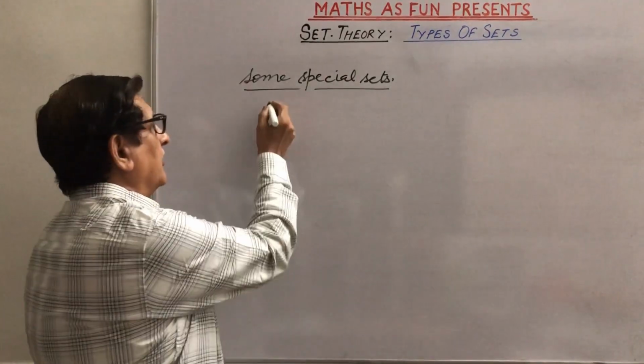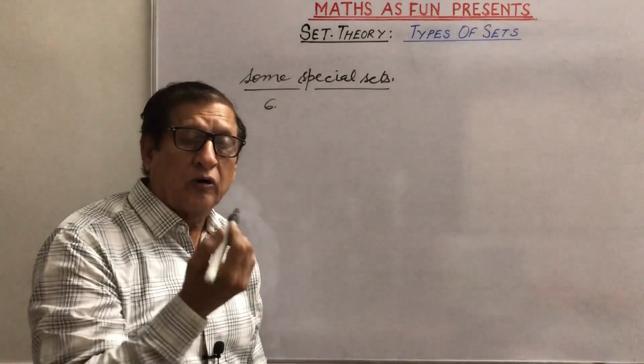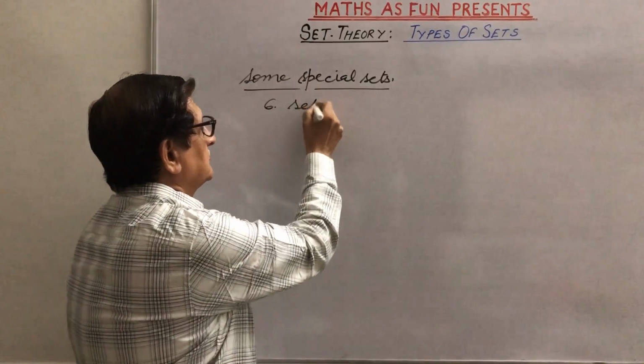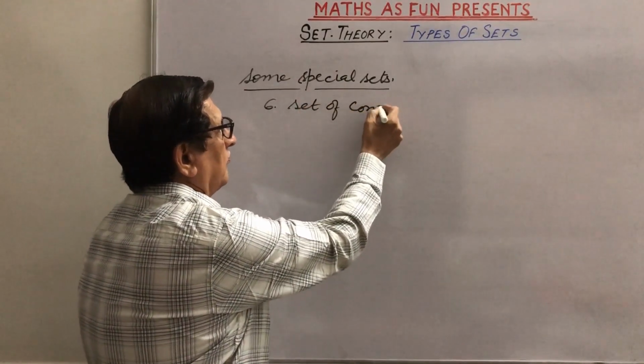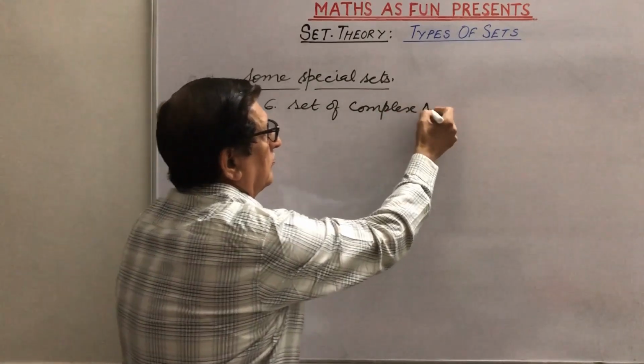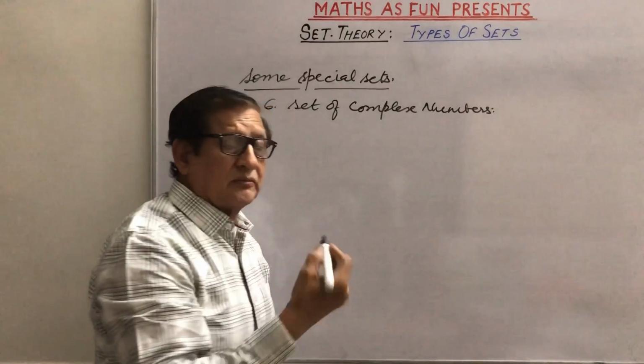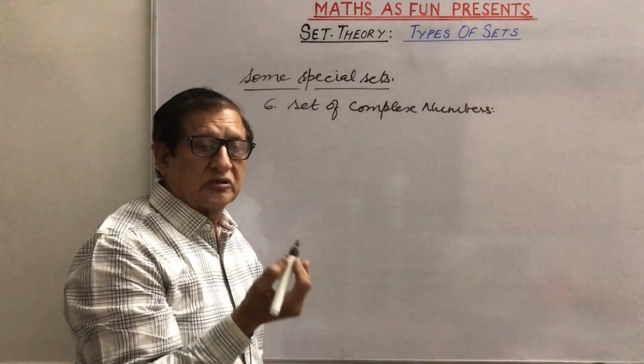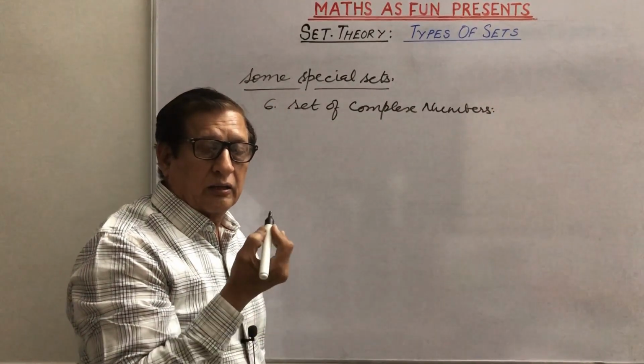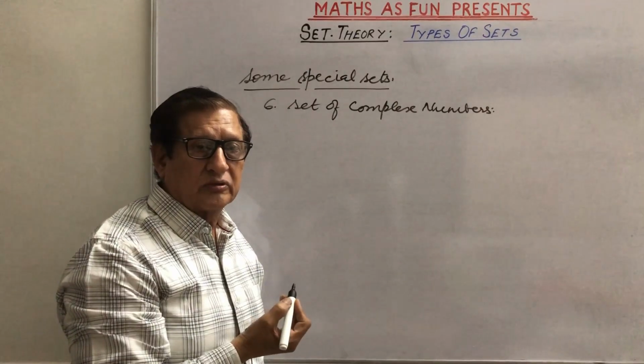Next set we have is the set of complex numbers. Complex numbers, as we know, are a combination of a real and an imaginary number.